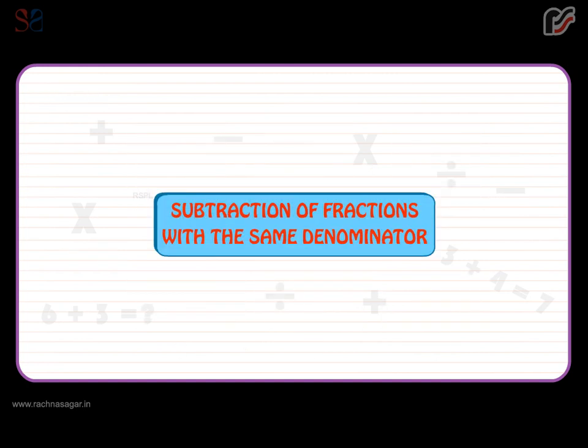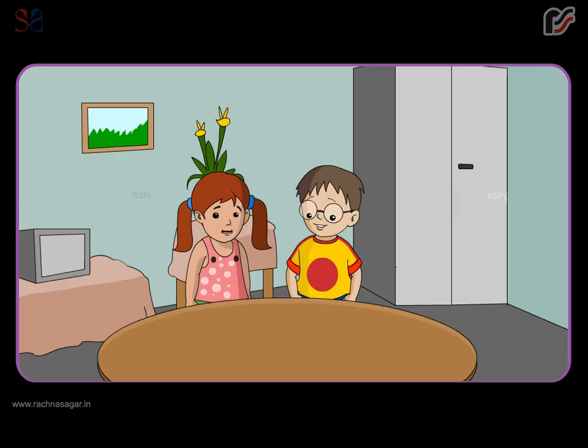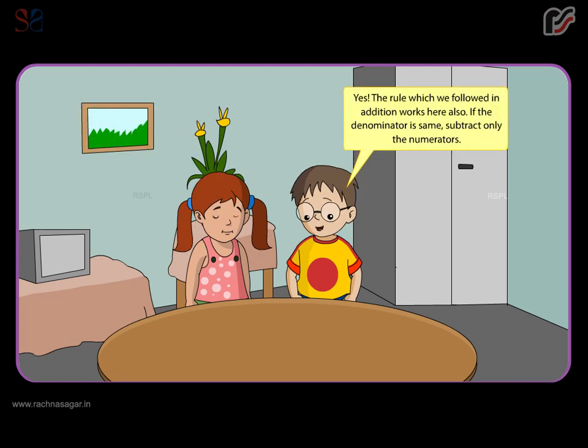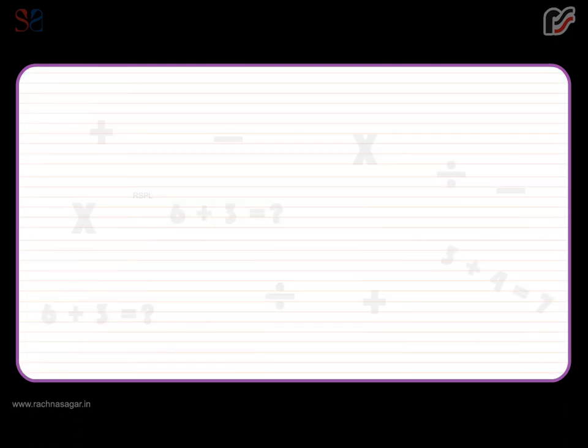Subtraction of fractions with the same denominator. Subtraction of like fractions. Now can you explain the subtraction of like fractions? Yes, the rule which we followed in addition works here also. If the denominator is same, subtract only the numerators.